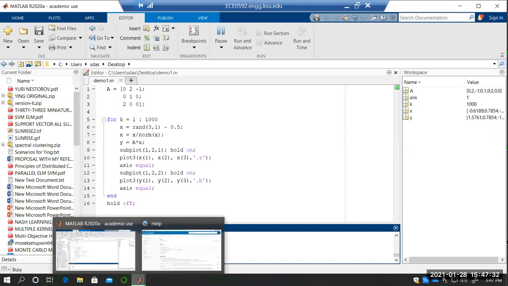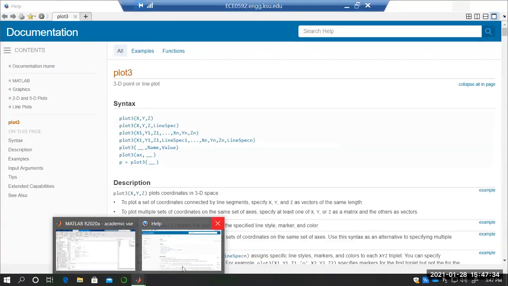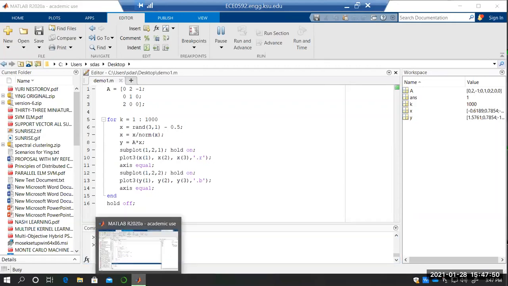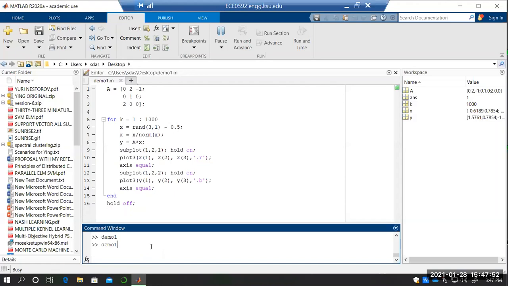Running the program. It shouldn't take such a long time. Something's fishy.